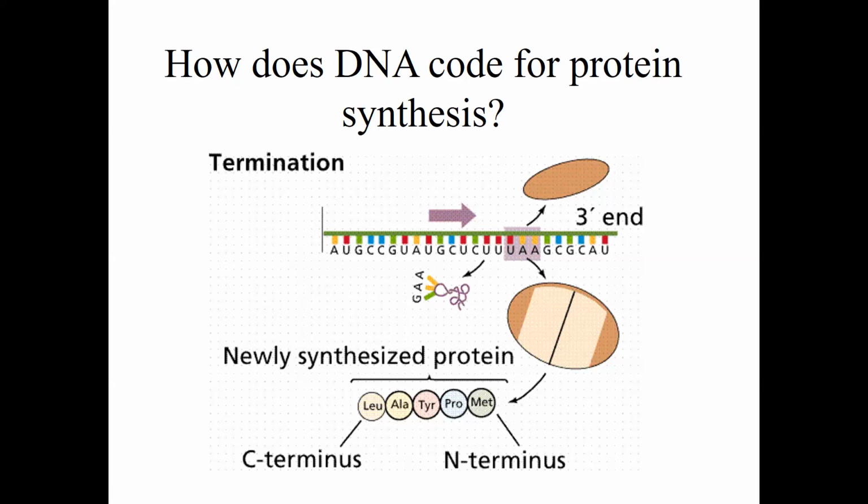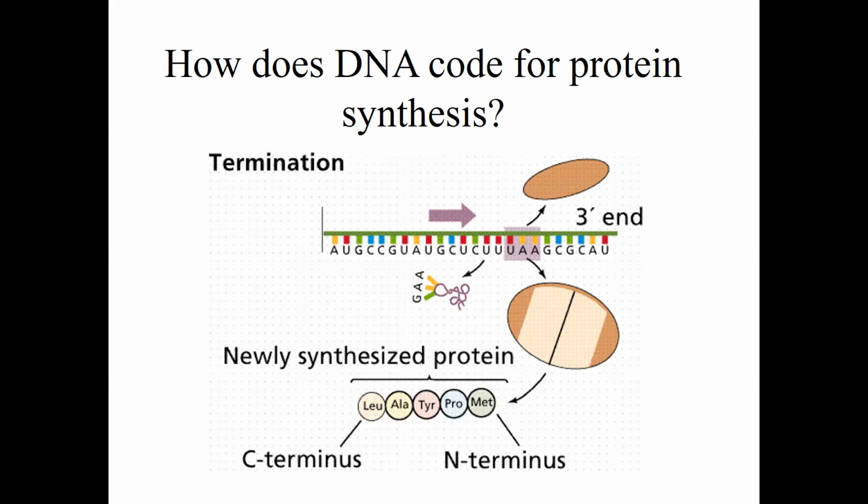Messenger means it carries some message from the gene, and then it moves to the ribosome in the cell. That means it comes out from the nucleus, and the ribosome is present in the cytosol, the cytoplasm of the cell. And the ribosome, you must remember it. Ribosome is the site for protein synthesis.